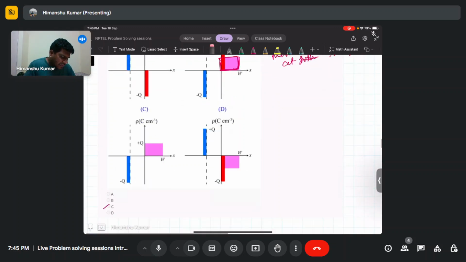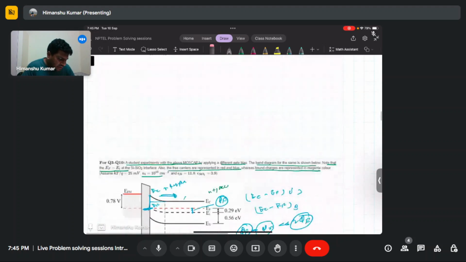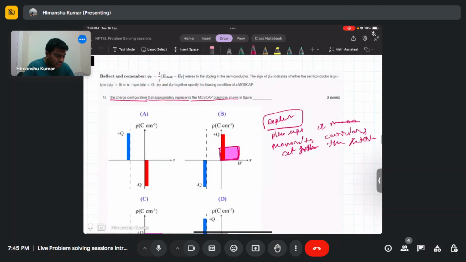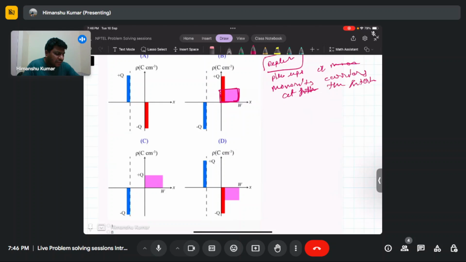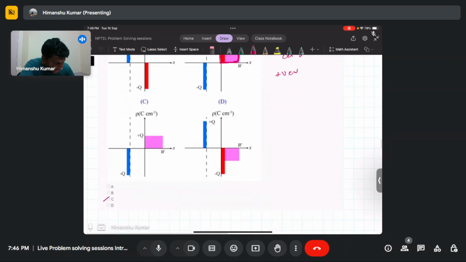So this is becoming more p type. The accumulated carrier charge will be positive, because holes accumulate at the interface, and the substrate charge will be negative. So the correct option is depletion.